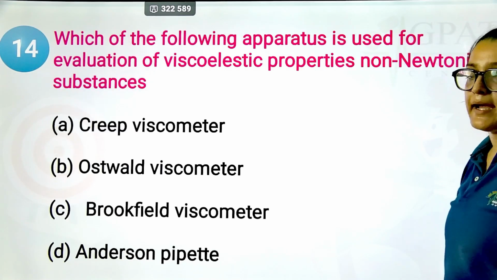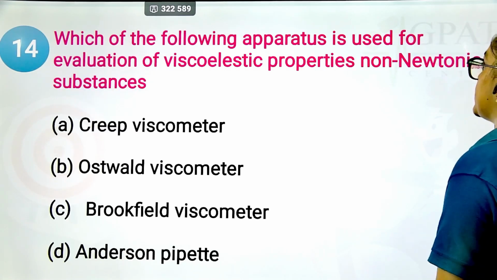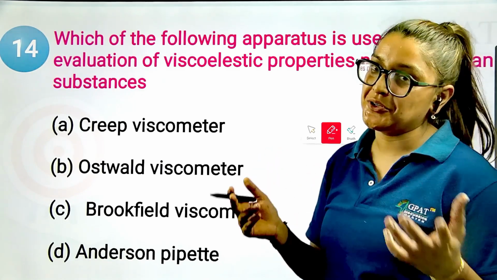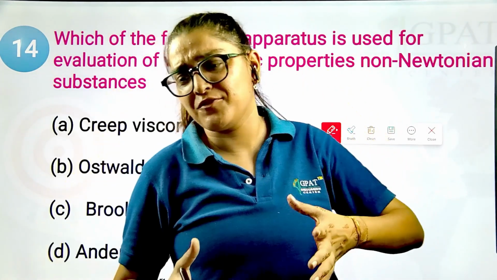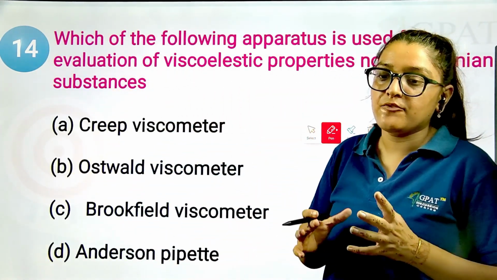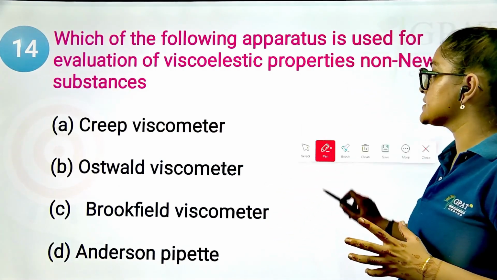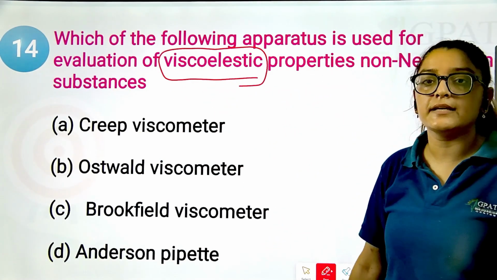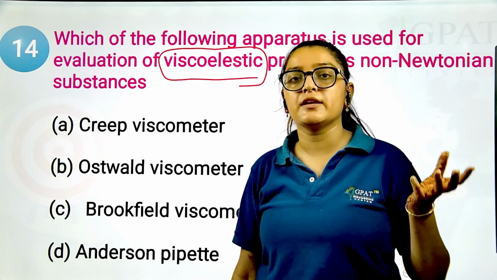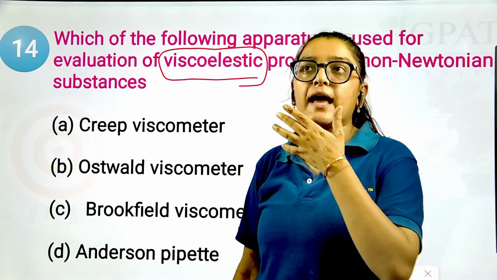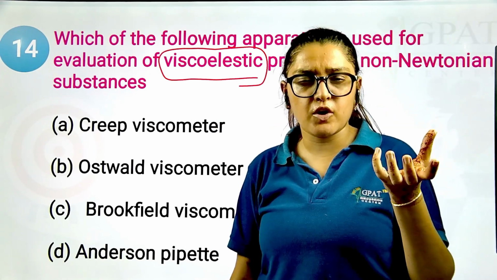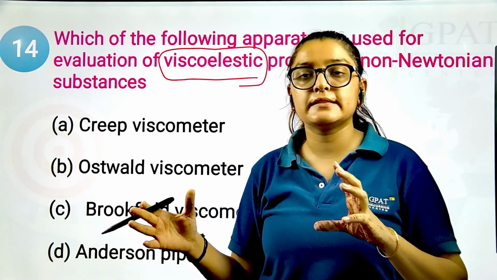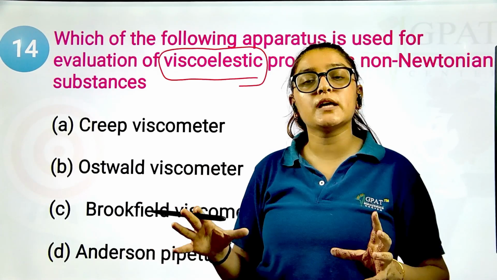Next, which of the following apparatus is used for the viscoelastic properties of a non-Newtonian substance? Just now I have told you, speaking specifically of the viscoelastic, that means both viscosity as well as elasticity we need to consider. We have multiple models for it, the Maxwell model and the Voigt model, in which the elasticity as well as the viscosity both are considered.